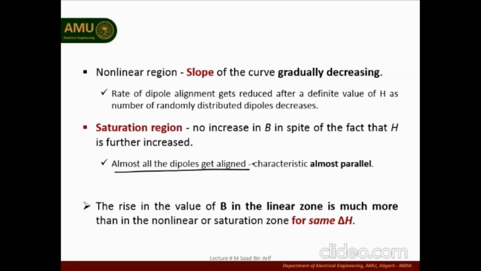Under such circumstances, we should not expect any rise in B even if H is increased, and the core is said to be saturated. At the saturation zone, the characteristic becomes almost parallel to the horizontal axis, that is the axis of H.